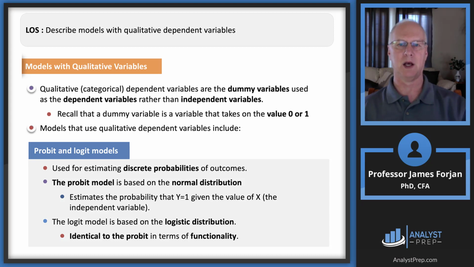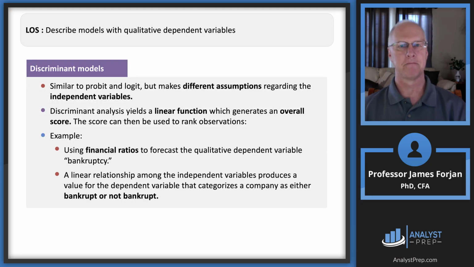What this probit model does is estimate the probability that the dependent variable y is equal to 1 given the value of x. So probit is some kind of a probability model based on a normal distribution. The logit model is identical, but it's based on the logistic distribution.